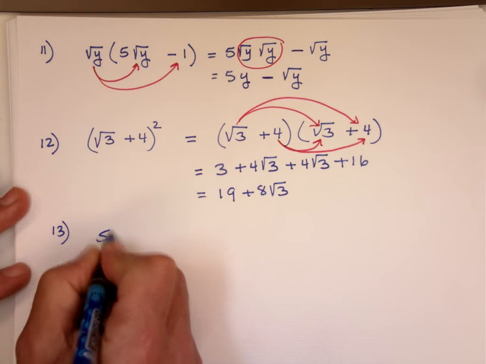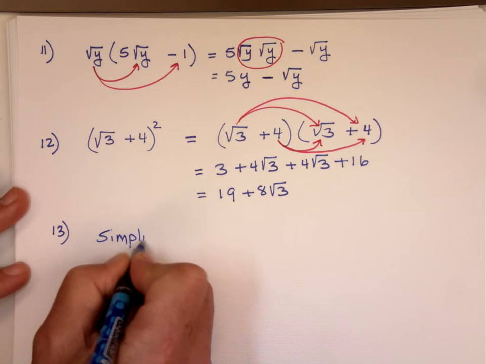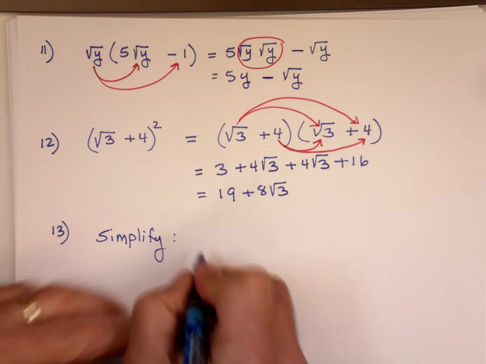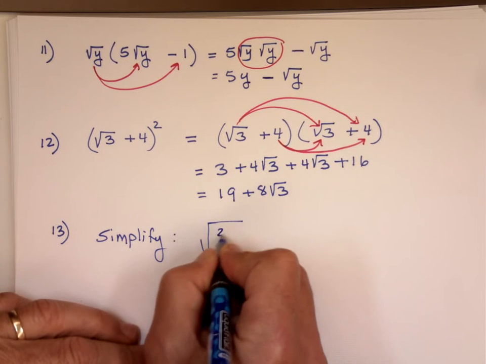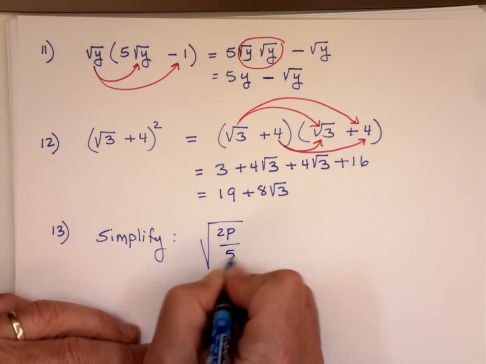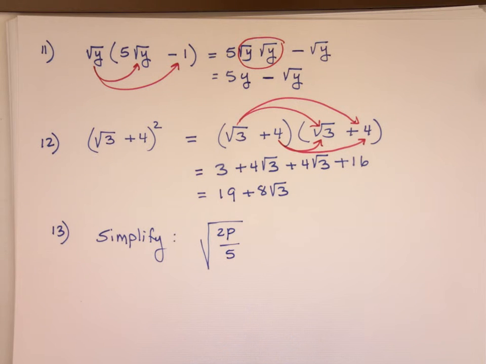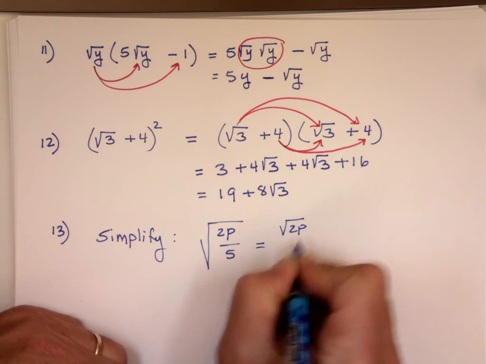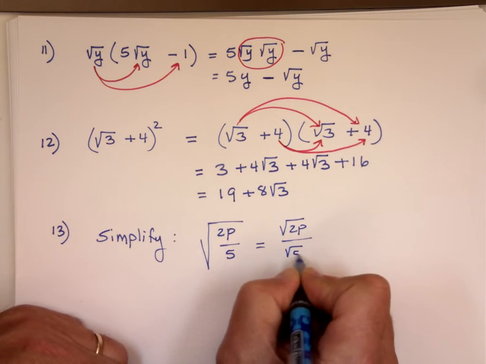Simplify. Again, that will give me the square root of 2p over the square root of 5. And I can't really simplify either one.